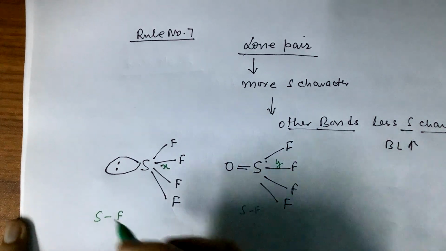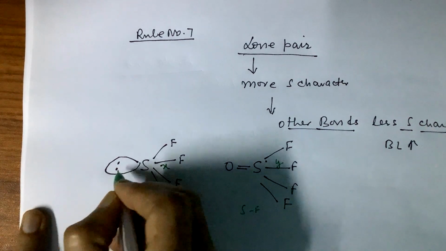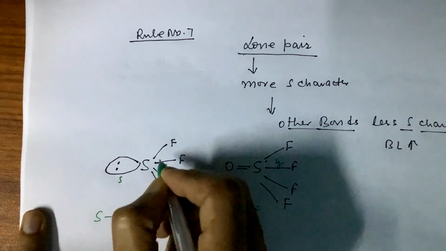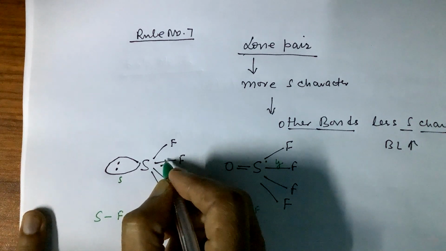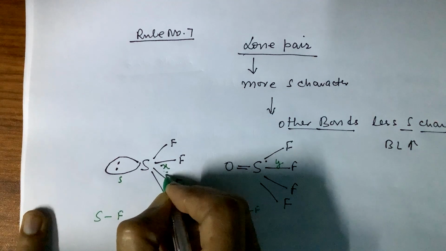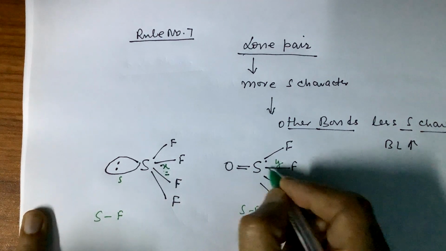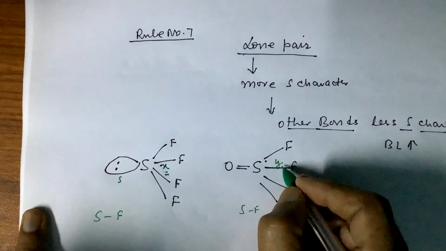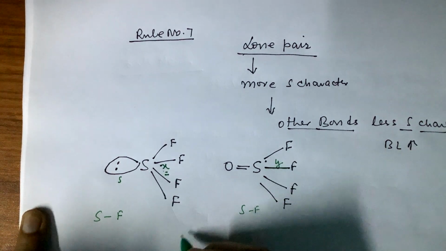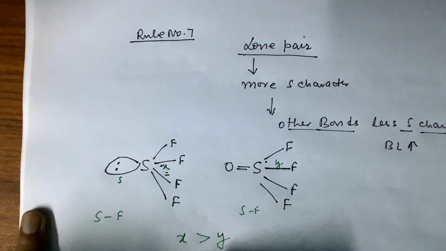How? This lone pair has more s character. Then this bond will have less s character and more p character. Hence, this X will be more. But here there is no lone pair, and this bond will have more s character. So Y will be less. X is more than Y. Why?